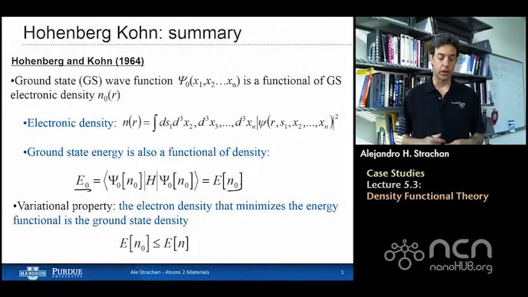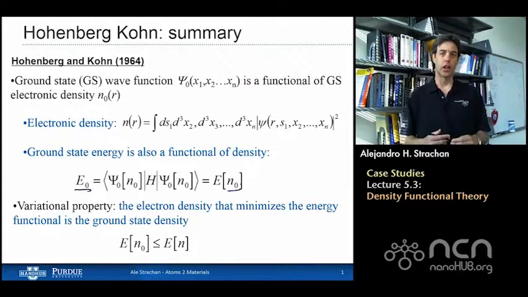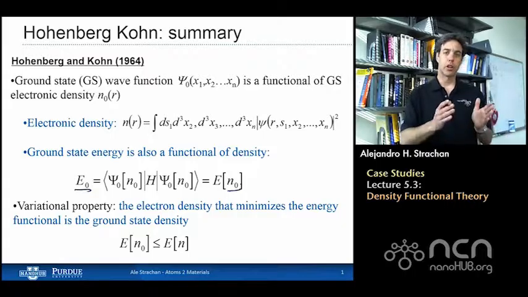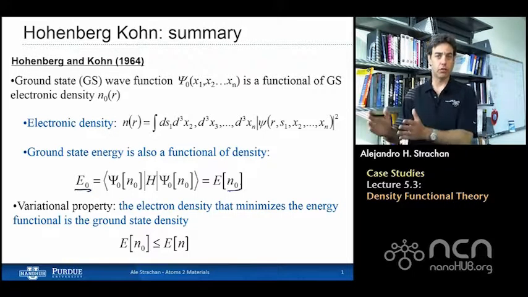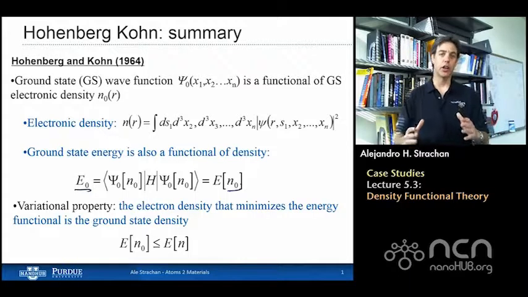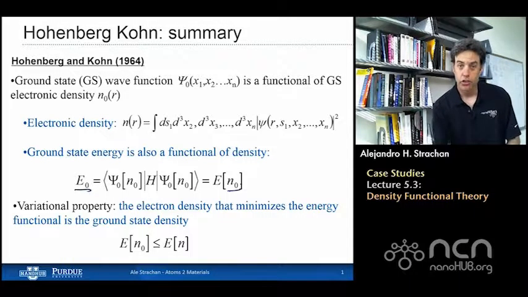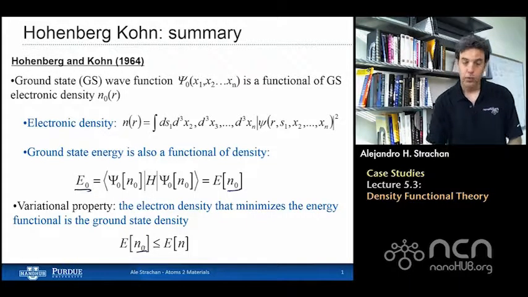You can show that it has variational properties, in the sense that if I can write this energy functional of the electron density, then my job is simply to find the electron density that minimizes the energy functional.